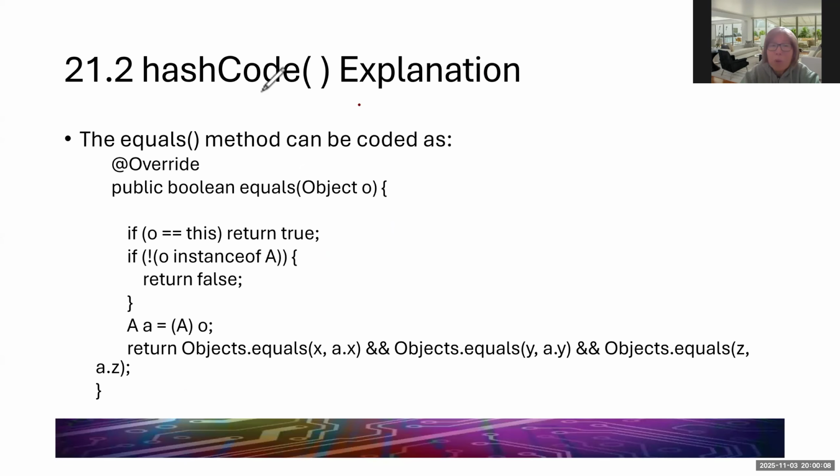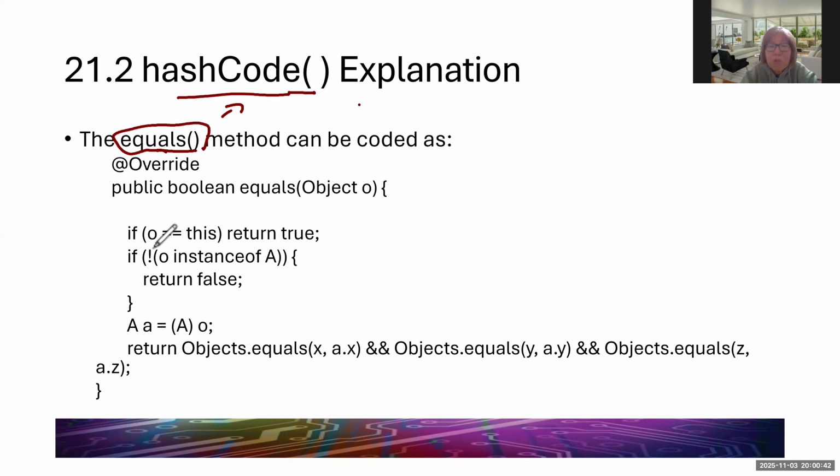If you recall, previously we said there is a contract between equals and hashCode. If we override the equals method, then we also override the hashCode method. When we override equals, we recommend the following.